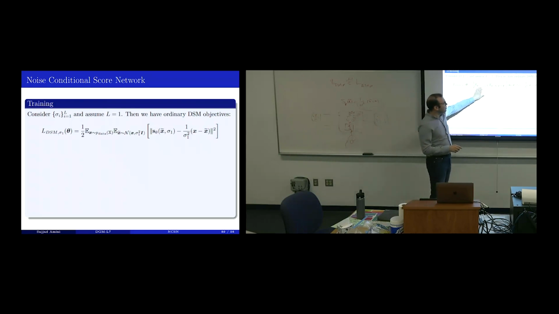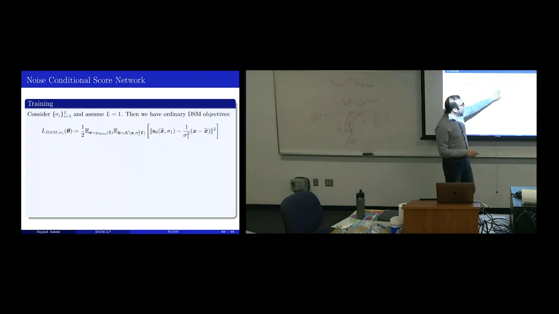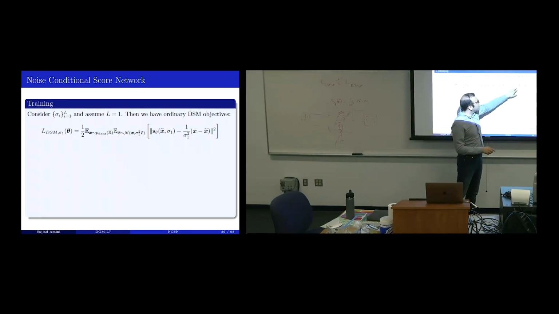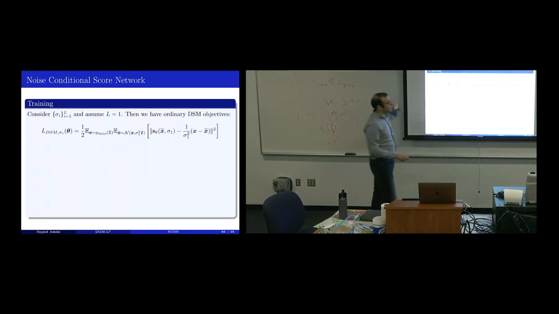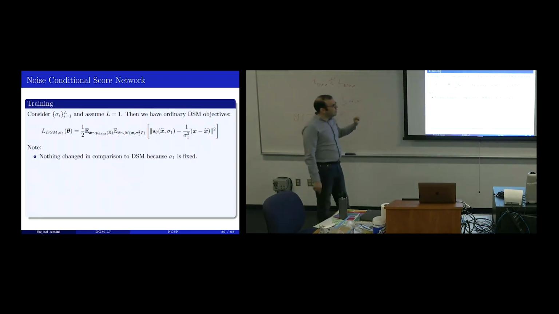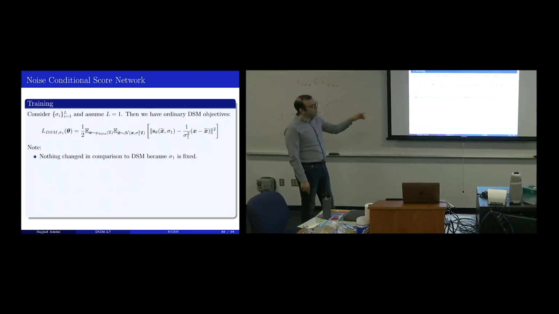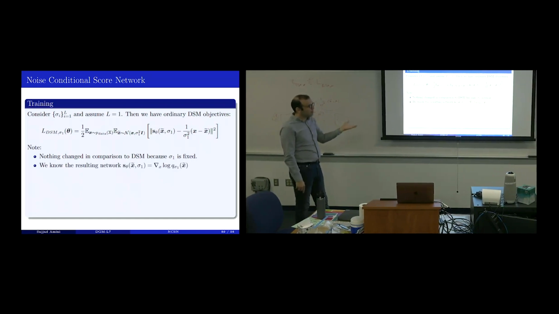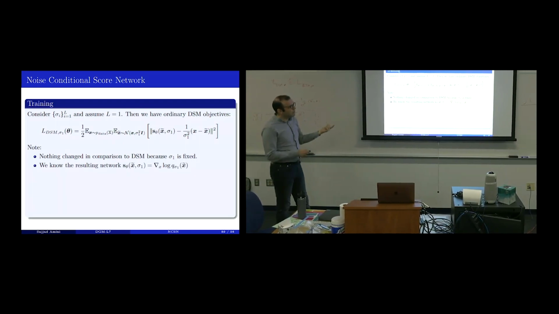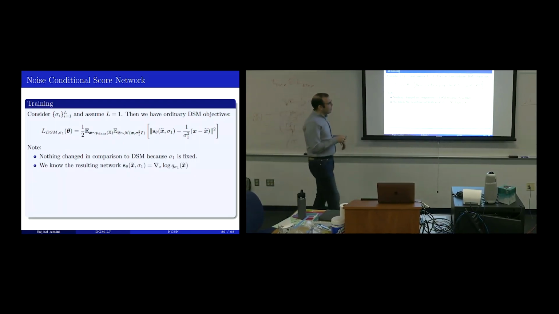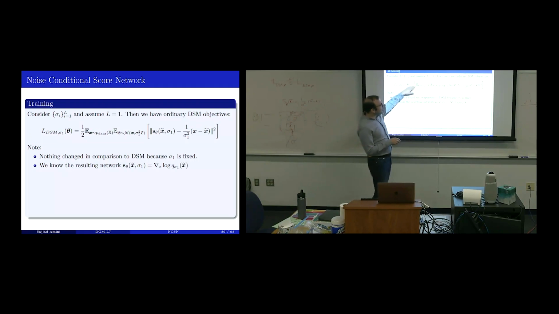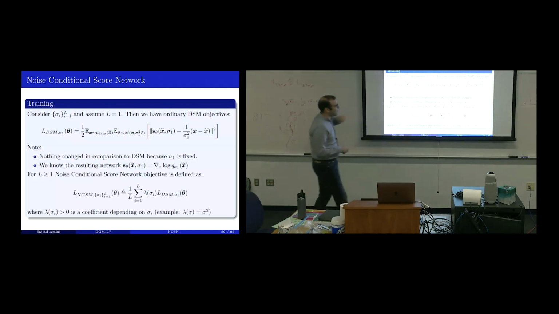I start by sampling from the data set, then add noise to it, and then calculate this value, backpropagate it, update parameters. So nothing has changed in comparison to denoising score matching because you have just one value of sigma now. And we know that when I solve this problem, I have the score function for this noisy dataset.